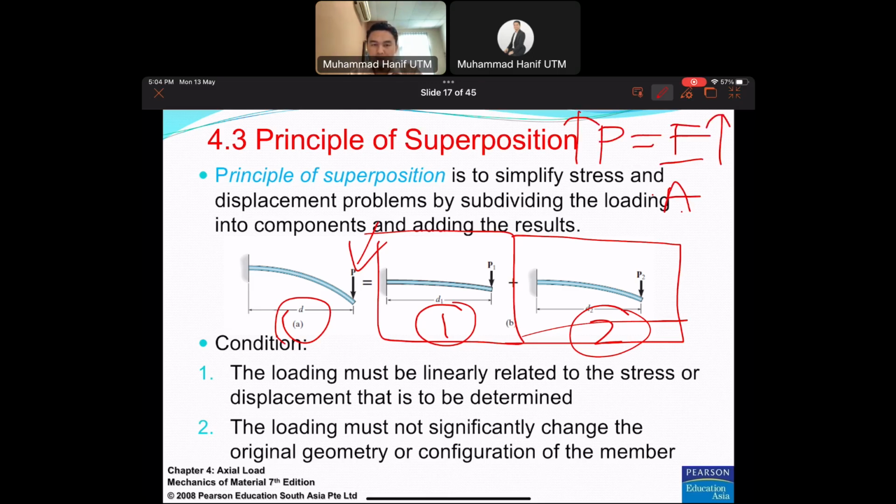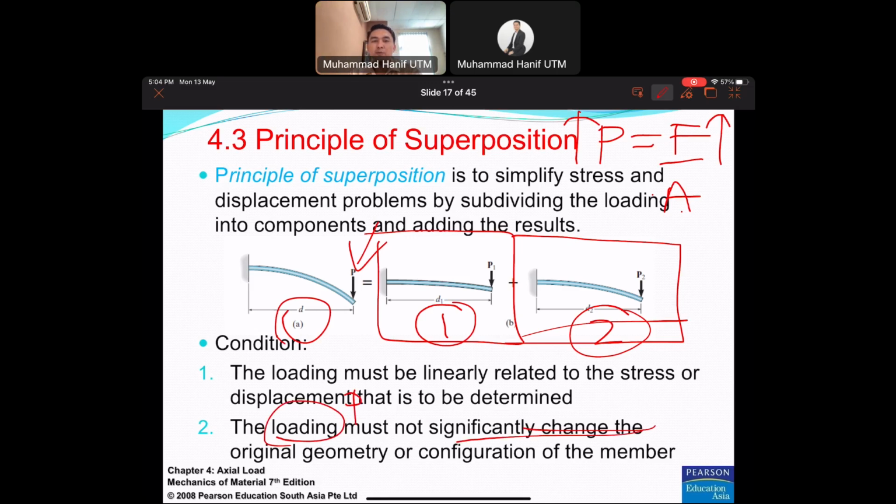And then the second thing is that the loading must not significantly change the original geometry or configuration of the member. So the loading, which is P, must not significantly change it.